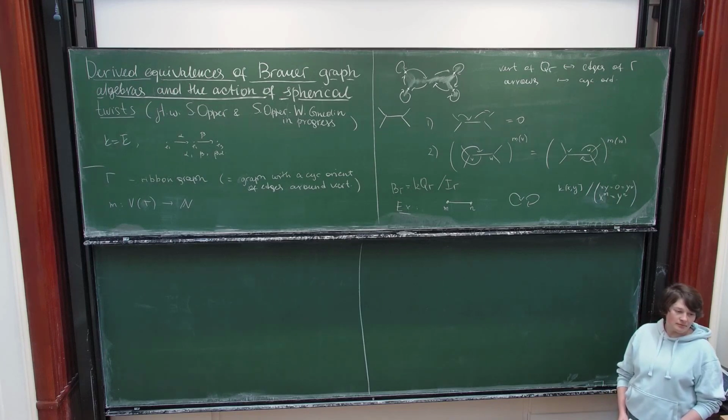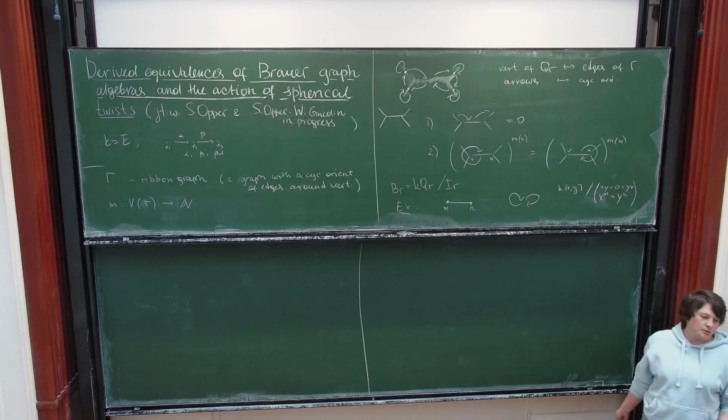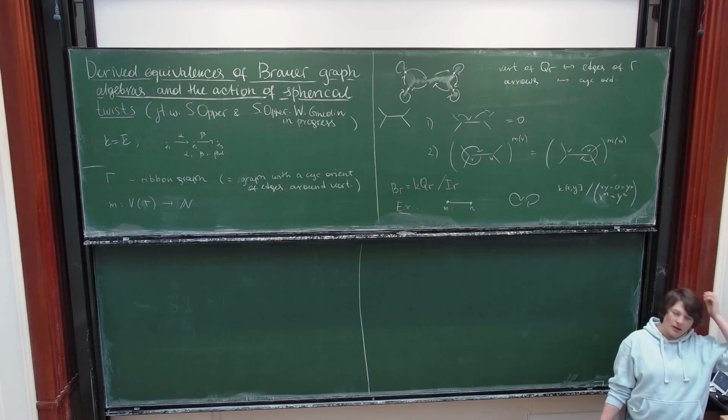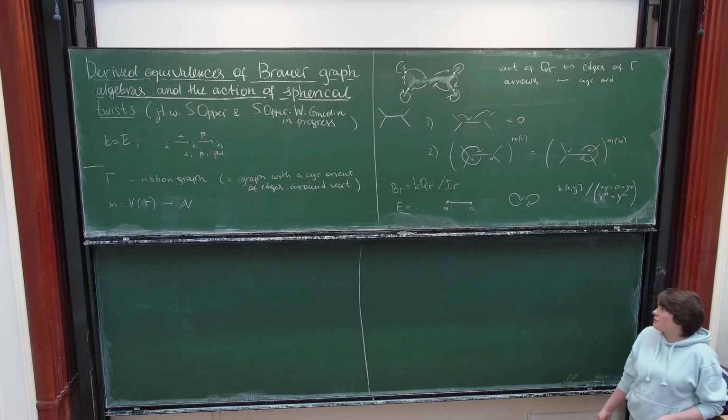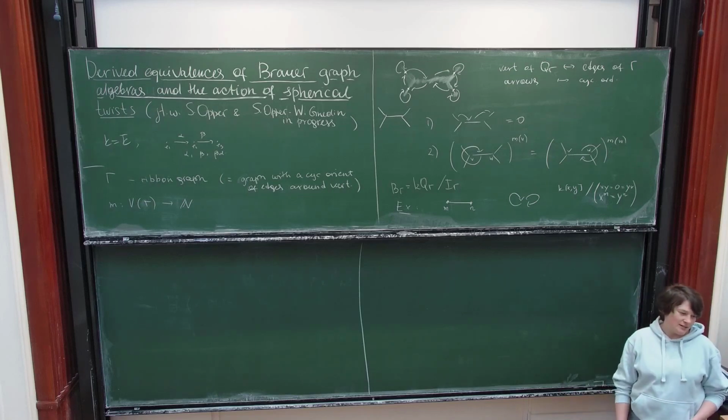Or you said representation theory. So this is just some combinatorial way to define an algebra, and so we are not studying ribbon graphs. I mean, we are and we are not. So we're studying the algebras, and they're just given by this data.